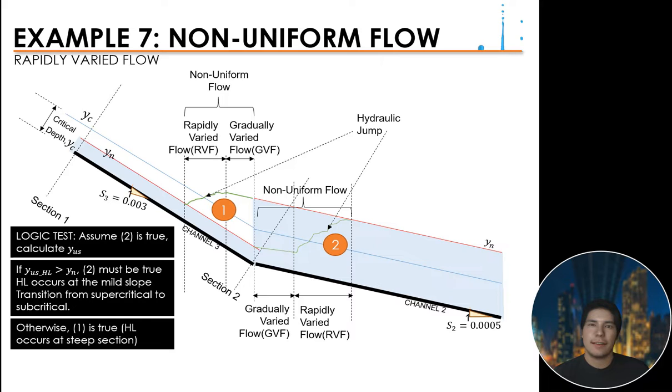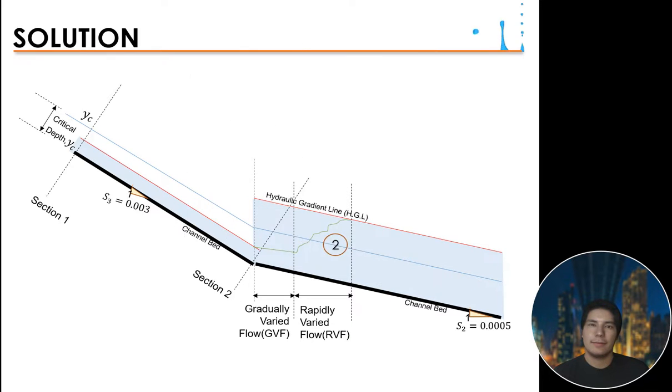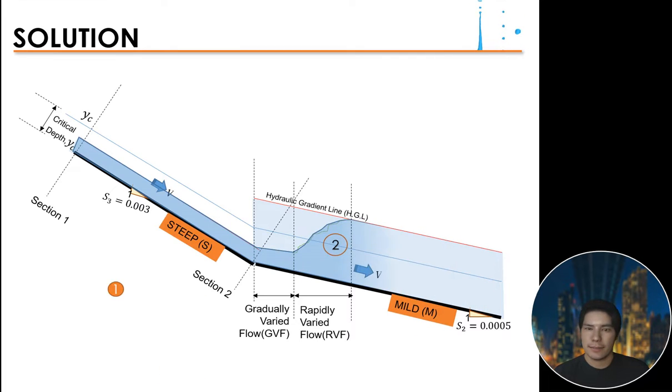So let's say in this scenario, we have this mild slope and we have this steep slope. We have this different zoning, so therefore our GVF here is considered M3, in zone 3.